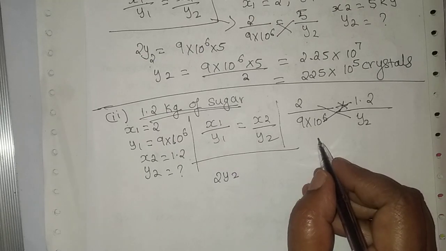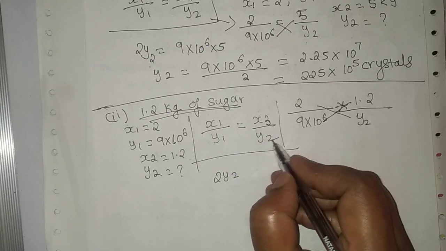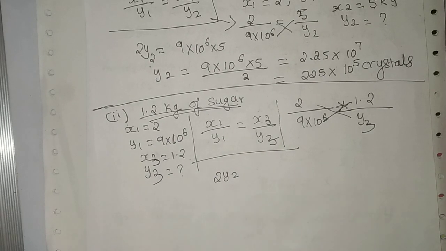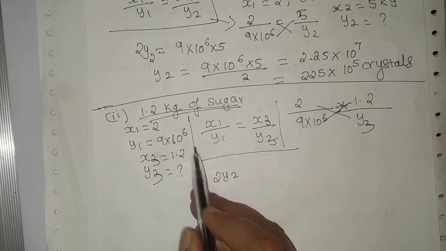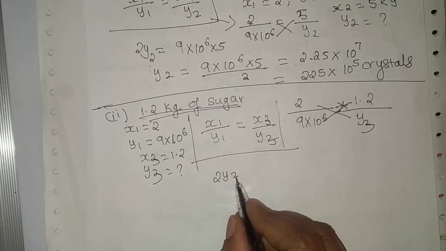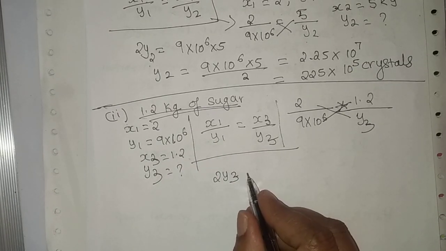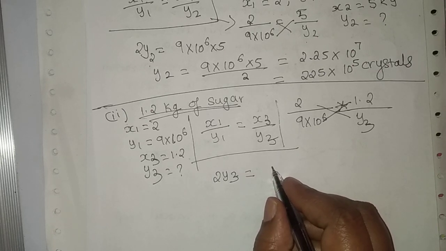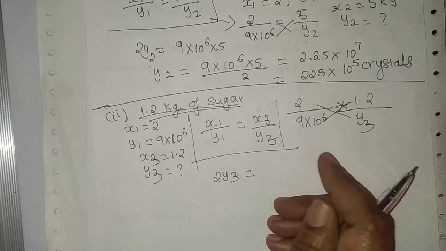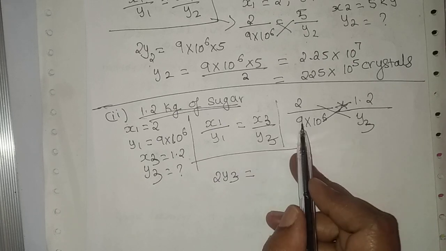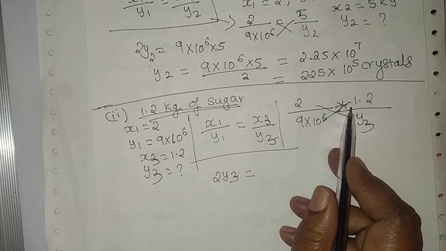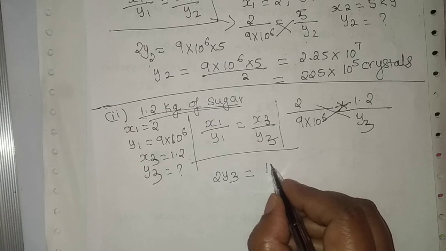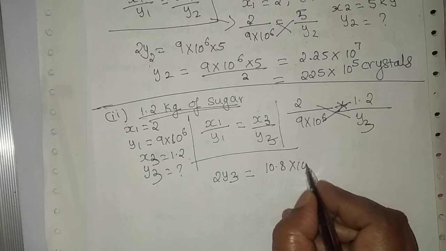Sorry, y3 we'll take here. This is x3 and y3, because we are taking the second option, that is 1.2 kg. Therefore, make it as y3 is equal to multiply these two, that is 9 into 10 power 6 into 1.2, we'll get 10.8 into 10 power 6.